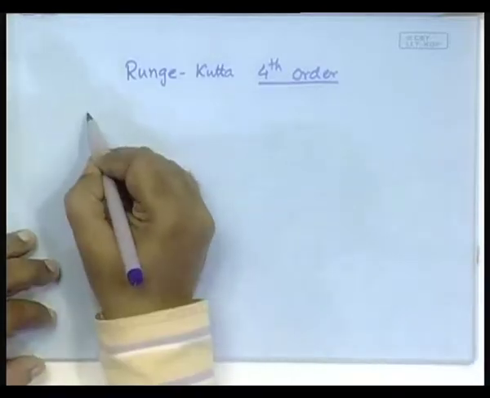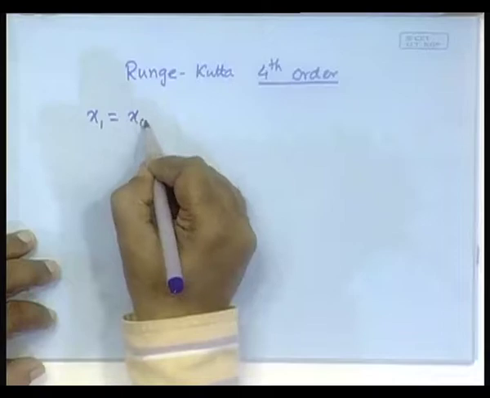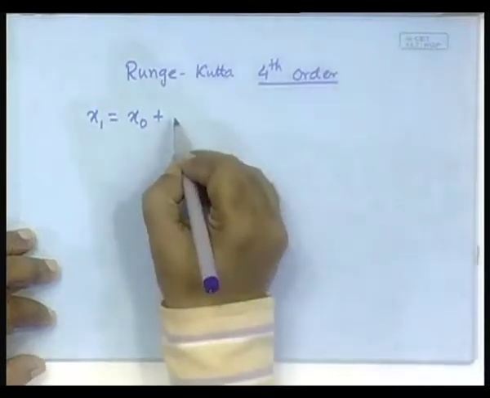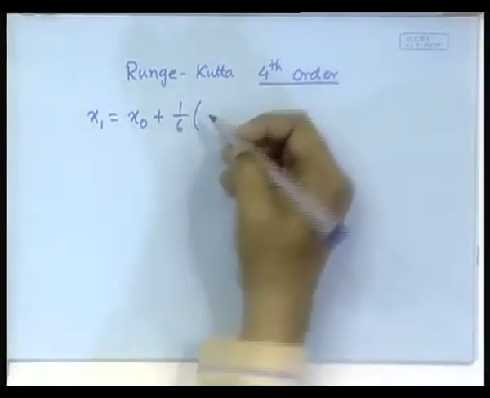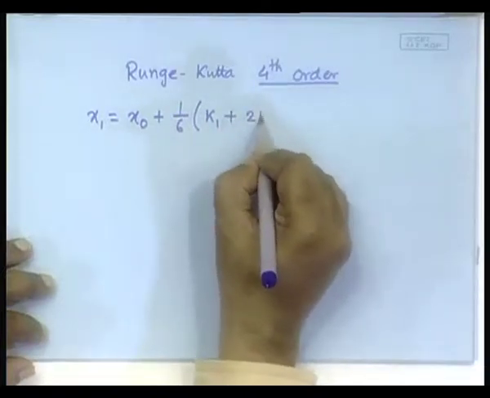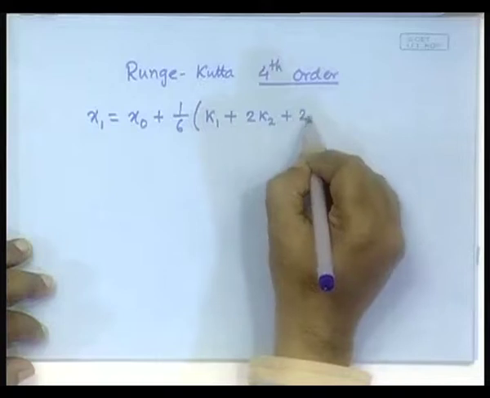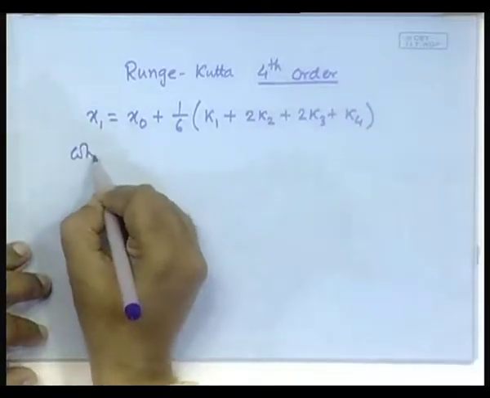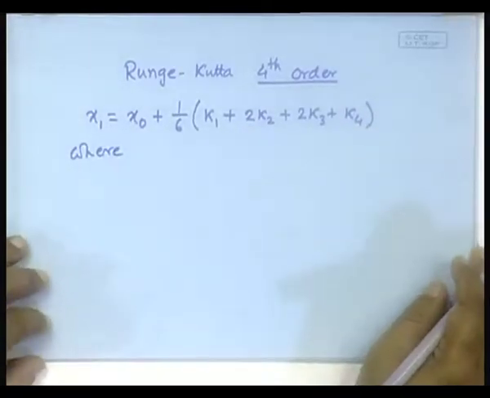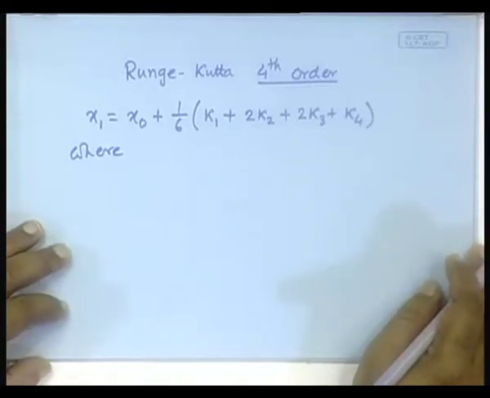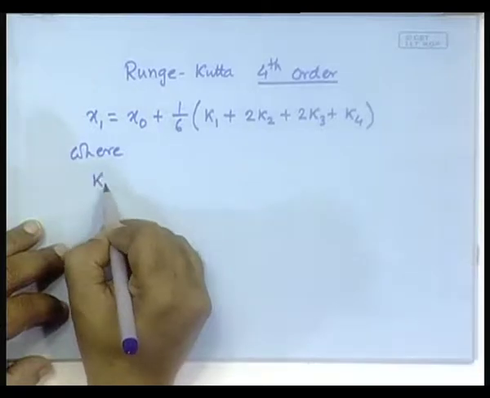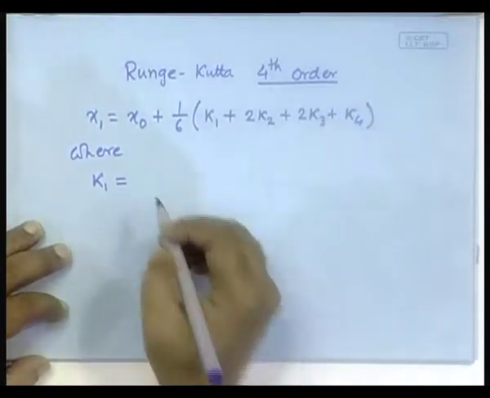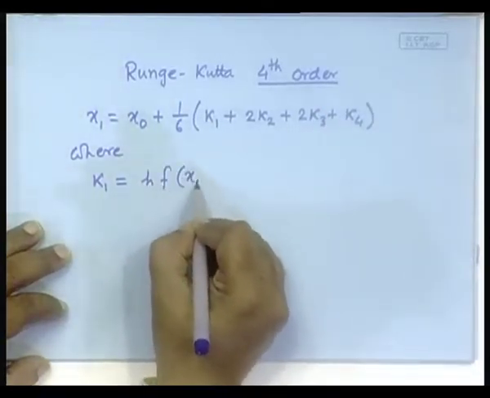In that case, the x 1 will be x naught plus 1/6 of k 1 plus twice k 2 plus twice k 3 plus k 4, where k 1 is equal to, the first one, obviously, h f of x naught, t naught.